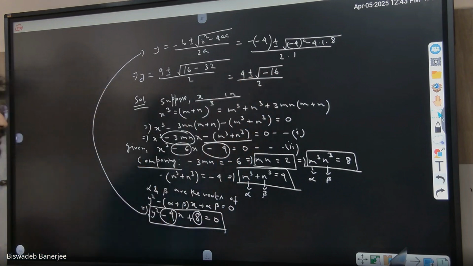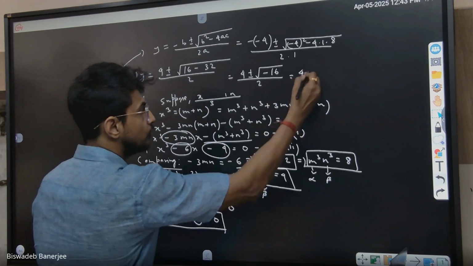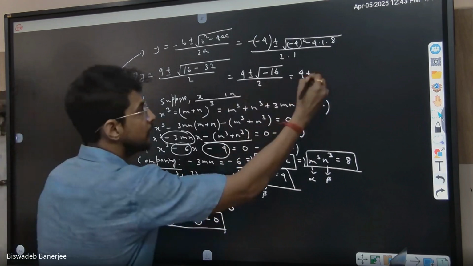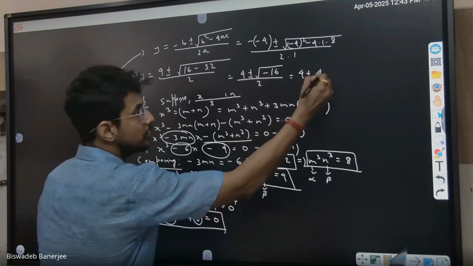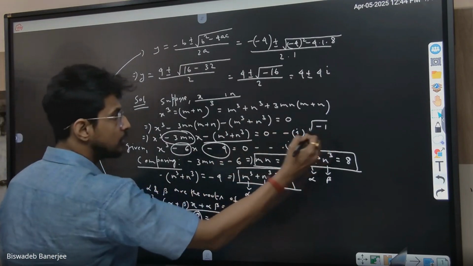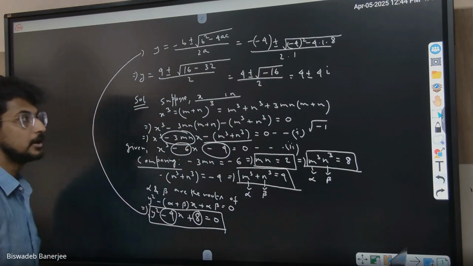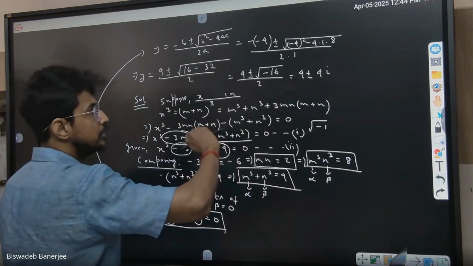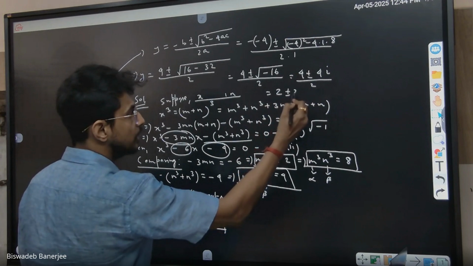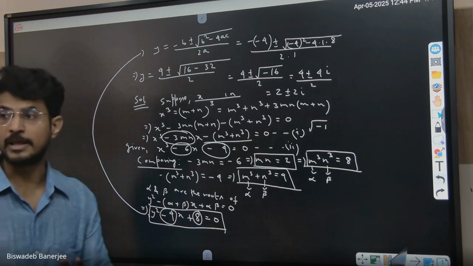Now root over 16 is 4, but since there is a minus sign inside the root, that will be i, because we know i equals root over minus 1. So this becomes 2 plus minus 2i. Now my roots become complex.